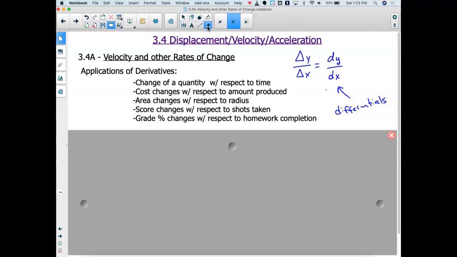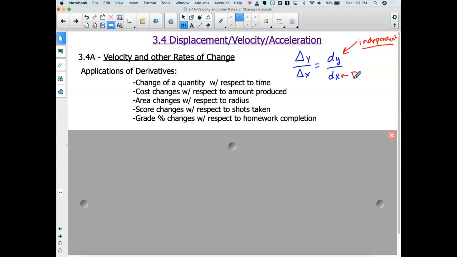Now, as I'm looking at the notation of my derivative, if I tried to place that into a graph, remember the numerator is going to be my independent variable, and the denominator will always be my dependent.